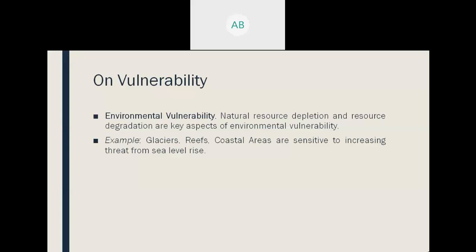So some environments do have an inherent vulnerability because of the way they are. A few examples may be the glaciers, the coral reefs, and the coastal areas, which are sensitive to the increasing threat from sea level rise. If the sea level is rising, then people living in the coastal areas, or the coastal areas themselves, are at a greater level of vulnerability than those living inside the mainland or towards higher altitudes.